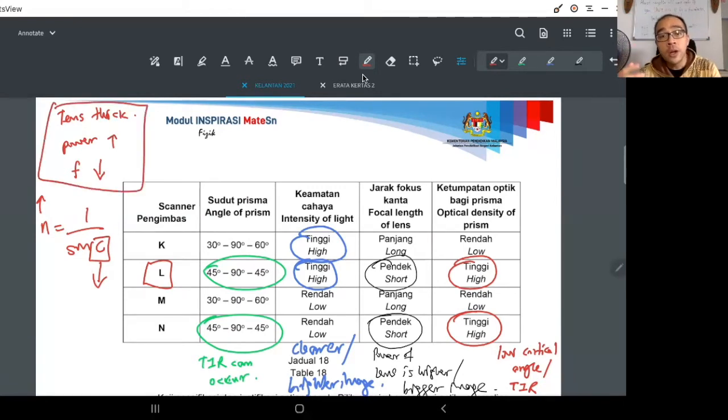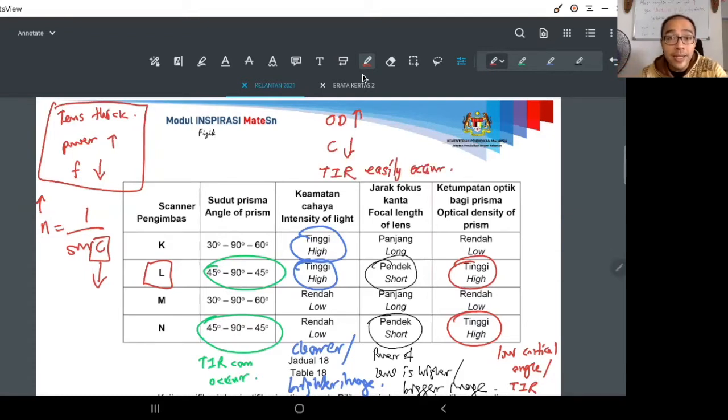Number two, optical density. Optical density is higher, means the critical angle is lower, means total internal reflection easily occurs. I'm not saying that it won't occur if the critical angle is high, but it's harder to occur. So total internal reflection will easily occur, which is what we want.